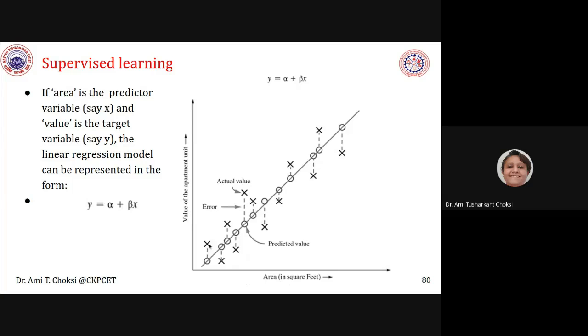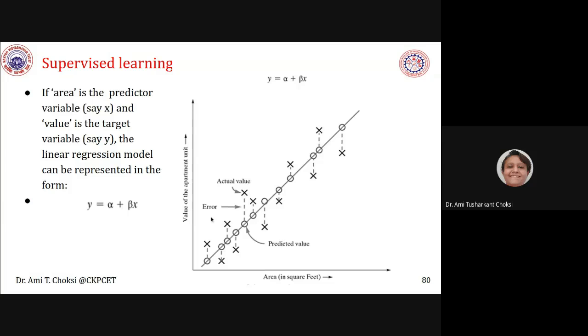So here, these circles are the points, and we are trying to join them in such a way that we are not having a curve, but a straight line. This particular point is not exactly on the line, but we have tried to have the line which fits all the predicted values, right? So that equation is y = alpha + beta x.